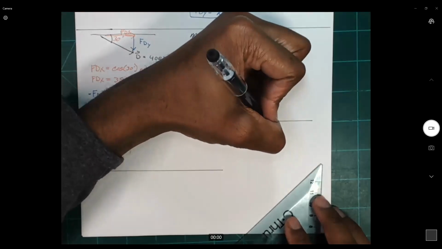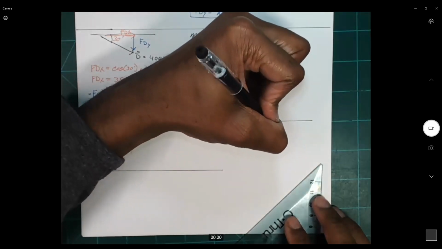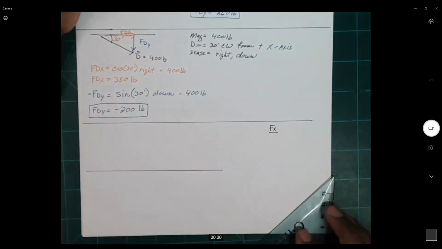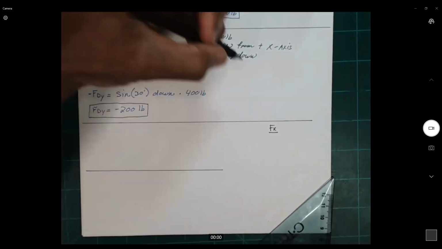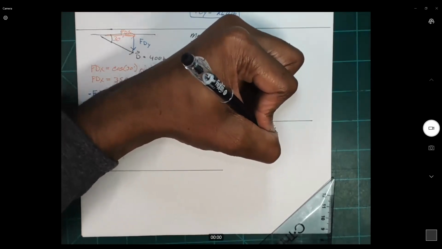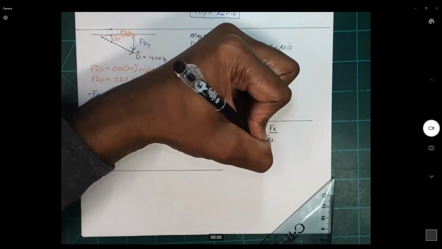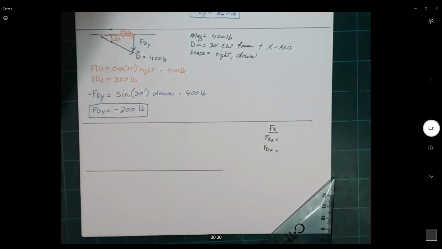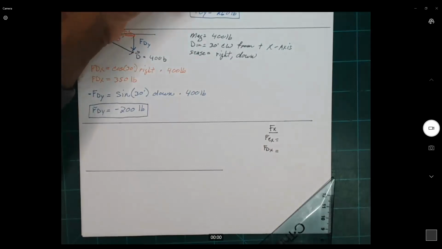We're going to call this Fx. And we have Fcx, and we have Fdx. And Fcx equals 150 pounds. Oops, can't see that.